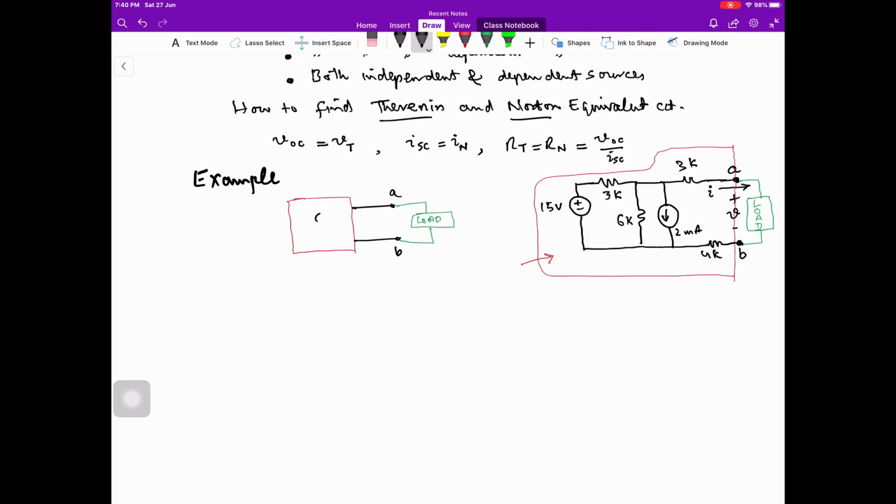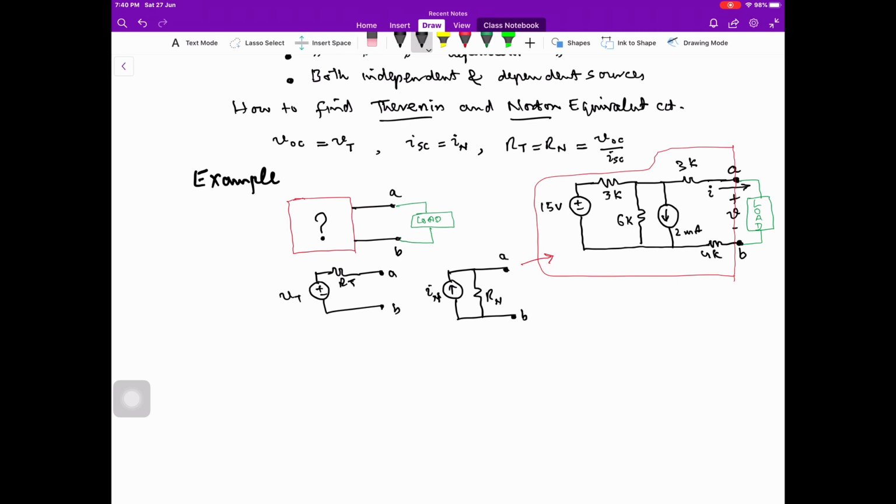What is inside this? We have seen that inside it was the Thevenin equivalent with VT and RT. We also found its Norton equivalent with Norton current and Norton resistance. Note that Norton resistance and Thevenin resistance are the same.